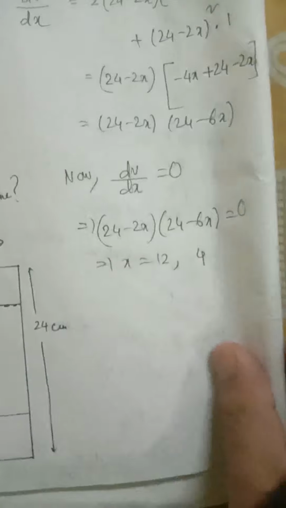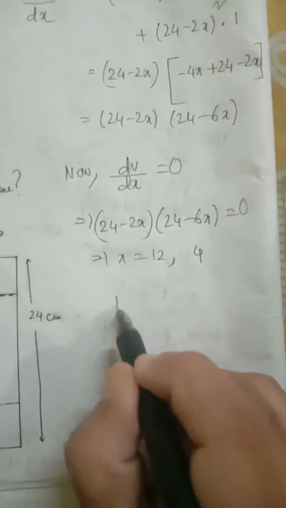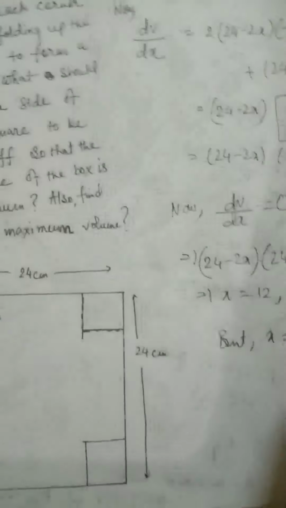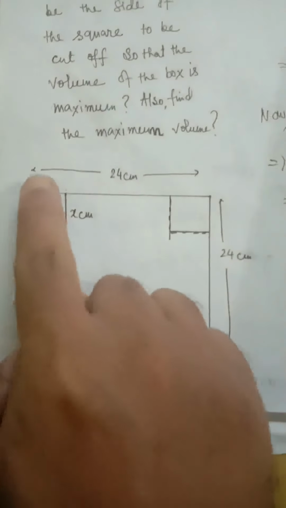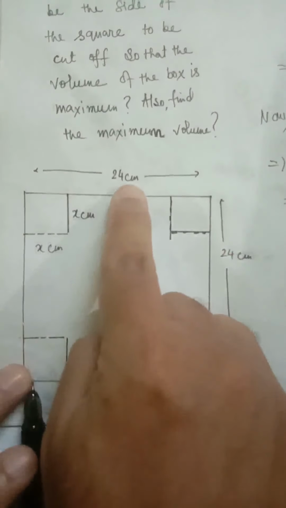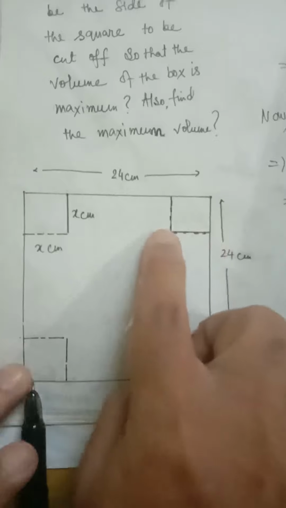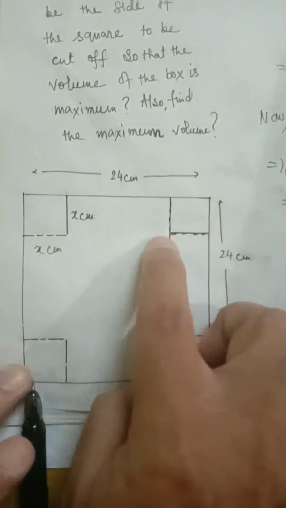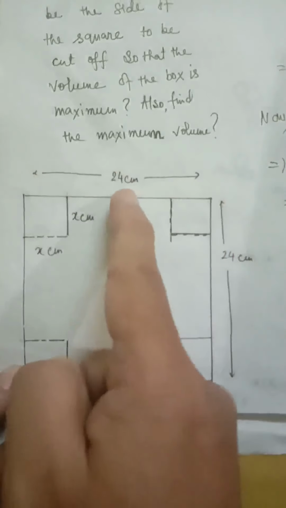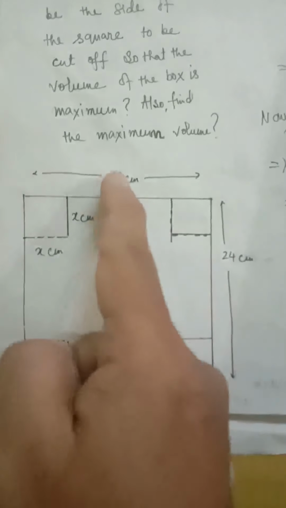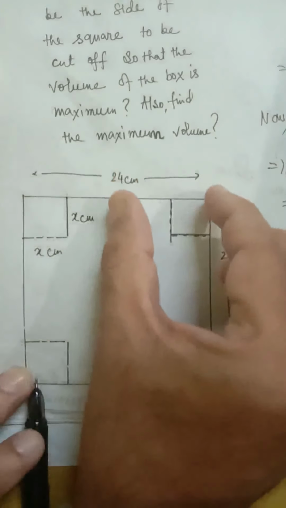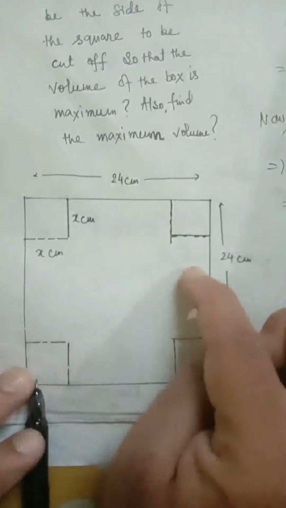12 and 4. But x cannot be equal to 12. Why can x not be equal to 12? You can see the length of the given square piece of tin is 24 centimeter. If the length of each side of the square is 12, which is half of 24, we have to cut a square of side 12 centimeter from this corner and from this corner also.